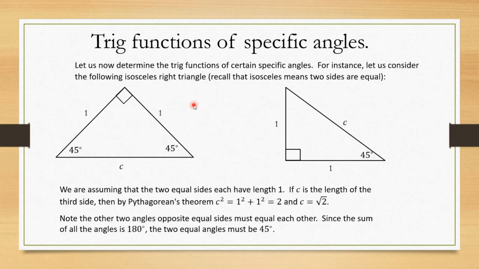Well, you have to consider special triangles. For instance, what you can do is consider this isosceles right triangle. Isosceles just means two of the sides are equal. Since it's an isosceles right triangle, the right angle is between the two equal sides.